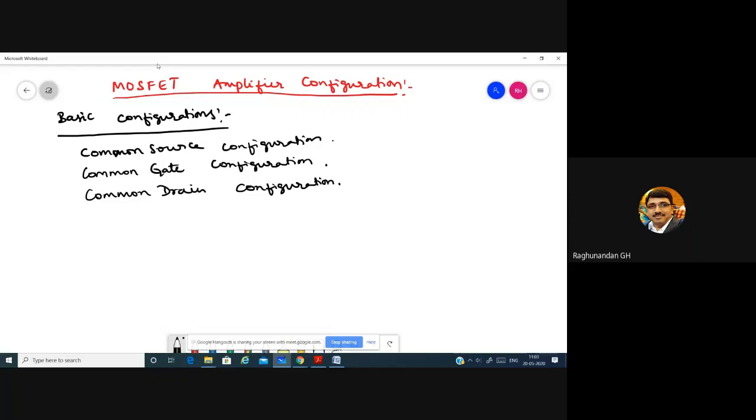So in the common source configuration, the source will be common for both the input and the output. So CS. First we'll look into CS.